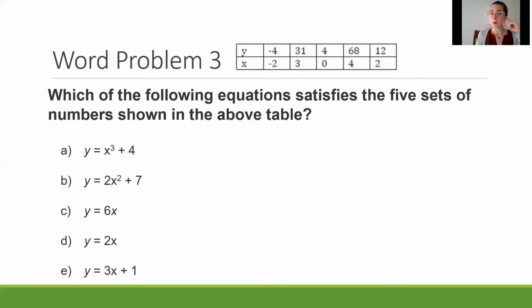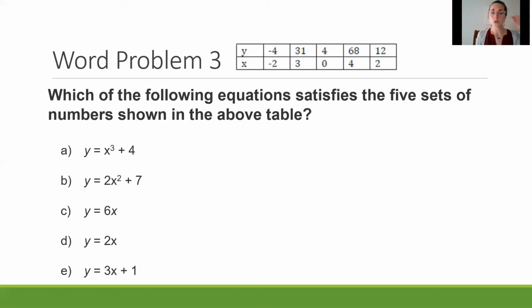So I can try that right away and say 6 times -2 should equal -4, but it doesn't. 6 times -2 would be -12. So C is automatically out. It doesn't work for even one of those sets of numbers. So let's look at the second one. If I have the right answer for D there, which is just 2 times the x value should equal the y value.